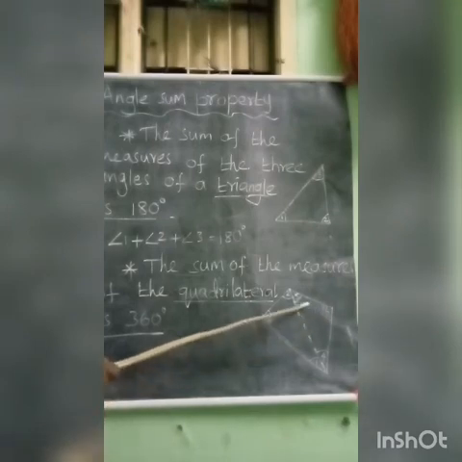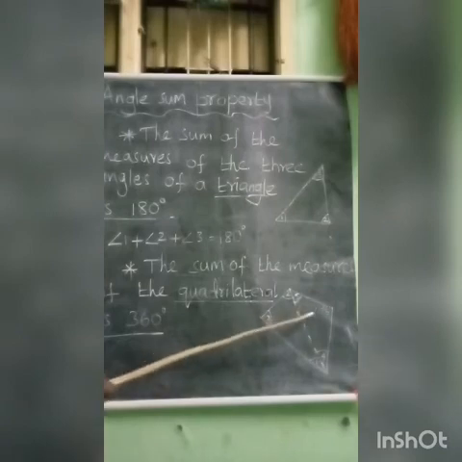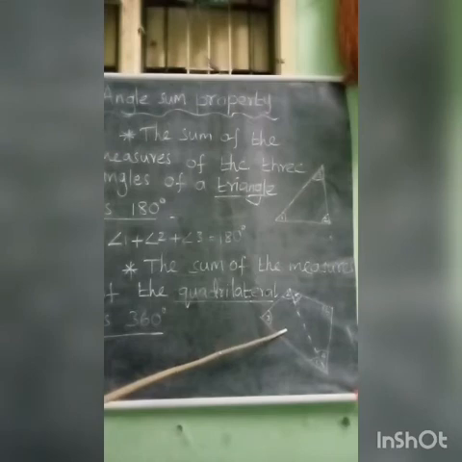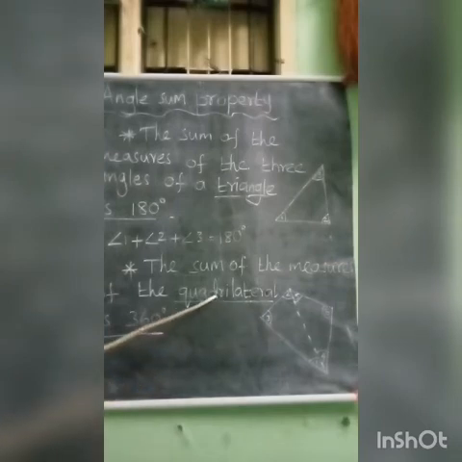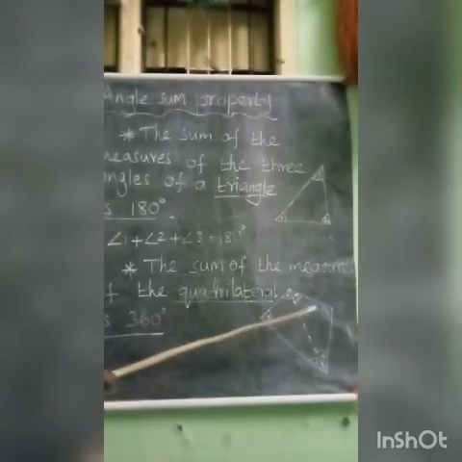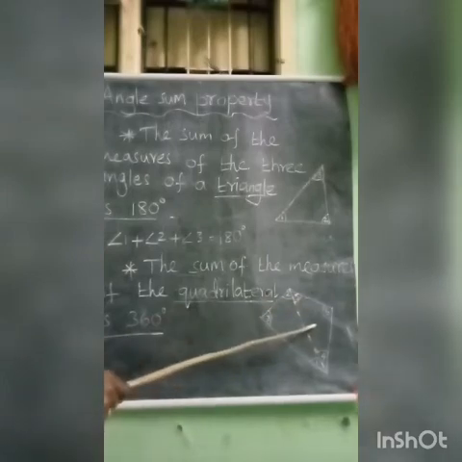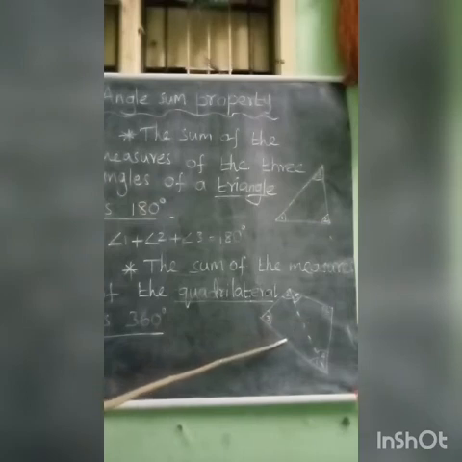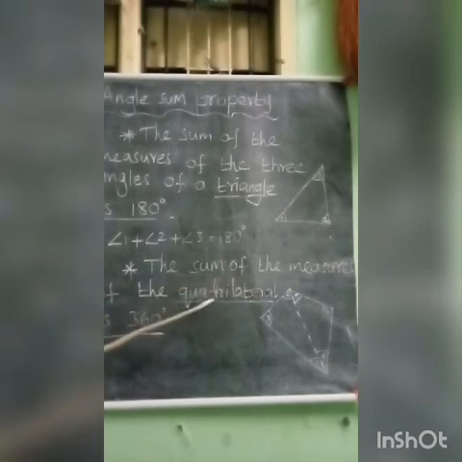So, this quadrilateral is divided into 2 triangles. The sum of the angles of each triangle is 180 degrees. Therefore, the sum of the angles of a quadrilateral is 180 plus 180, which is 360 degrees. From that, you can say the sum of the measures of the angles of a quadrilateral is 360 degrees.